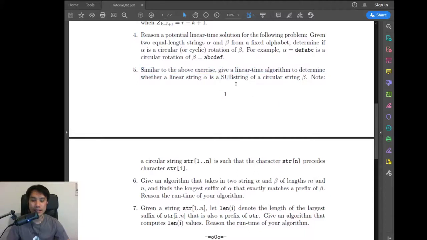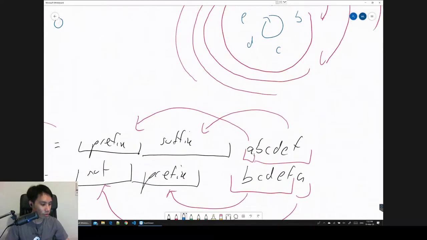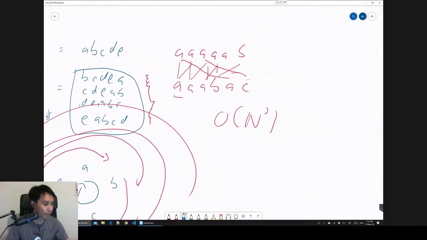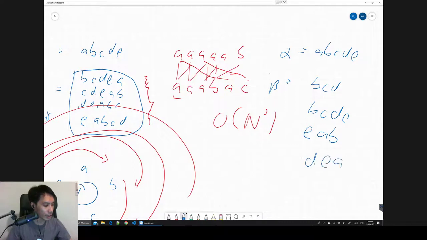Now, moving on to question number 5. Instead of just circular, now you want a substring. Using the same example again, if alpha is A, B, C, D, E, beta can be the following: B, C, D, or B, C, D, E, or E, A, B, or D, E, A, B, and many forms.